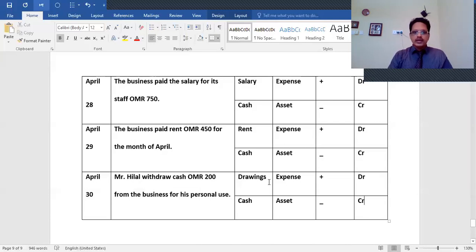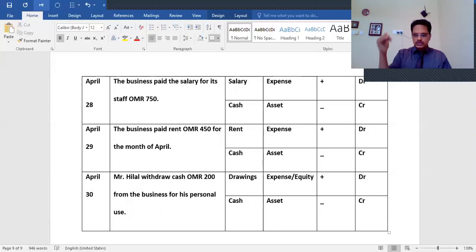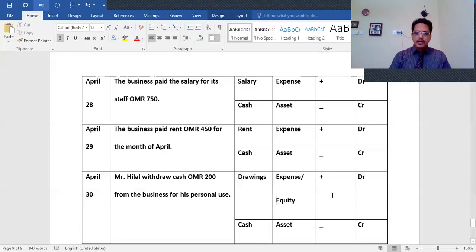Now there is another, also very valid, interpretation. You can treat drawings as a part of equity, because whenever you make drawings, your equity or capital decreases. Here equity will not increase, equity will decrease. That is very important. When equity is decreasing, what is the rule?